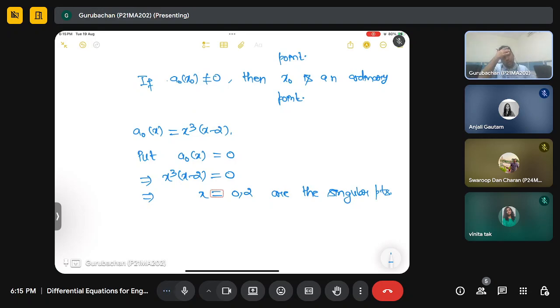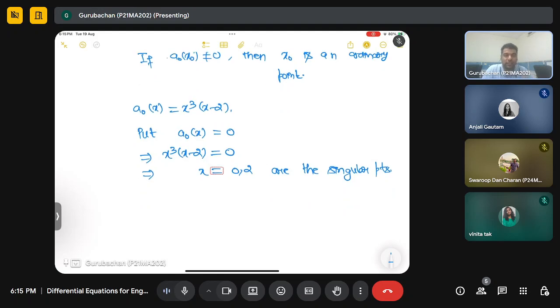Now, to determine whether a singular point is regular singular or irregular singular, we first rewrite the second order linear differential equation in the form y double dash plus p x y dash plus q x y equal to 0.